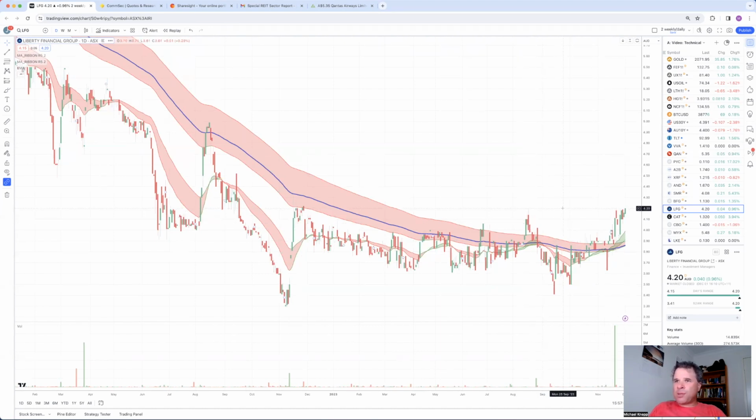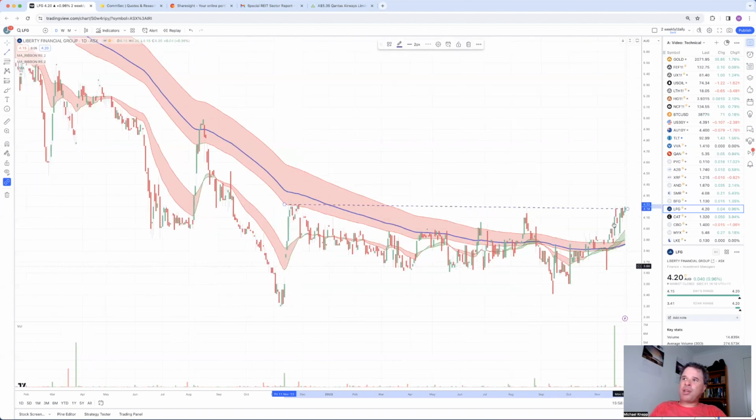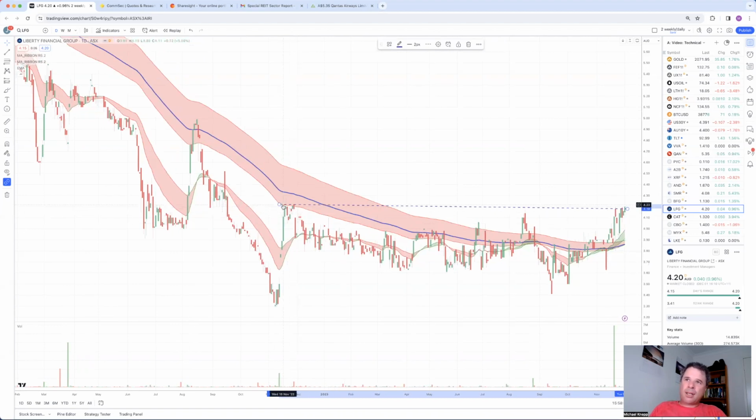In fact, what I'm going to do is just draw a line connecting this high with this high and this high. So I'm not saying this is a breakout just yet, but the share price is right on the last two highs. And if the share price does break out above $4.20, again, this is a 1-year high for the company's share price. So I should do some research on this company.